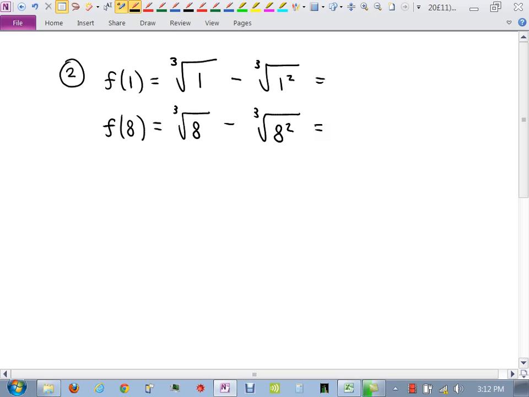So the cube root of 1 is 1, so 1 minus 1 is 0. Then this is going to be 2 minus 4, which is -2.